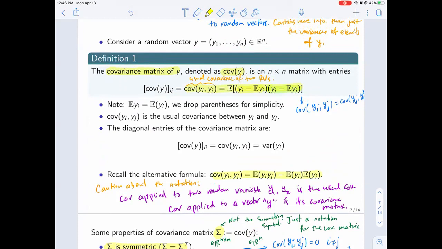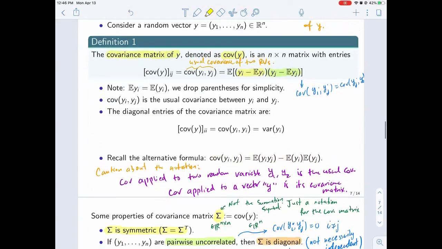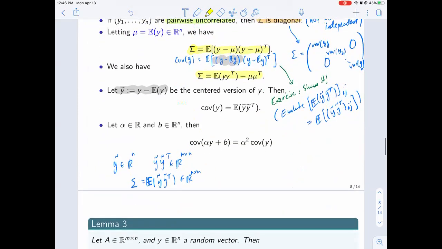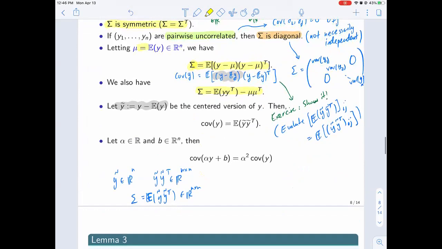They're very similar, but they're the vector form of the same thing. So you would compute the expectation of y y transpose, and then you subtract mu mu transpose, and mu is just the expectation. Just compare it with the scalar case, and you can see the similarity. But because we are dealing with vectors and matrices, you have to be careful about the transpose. Okay, questions?